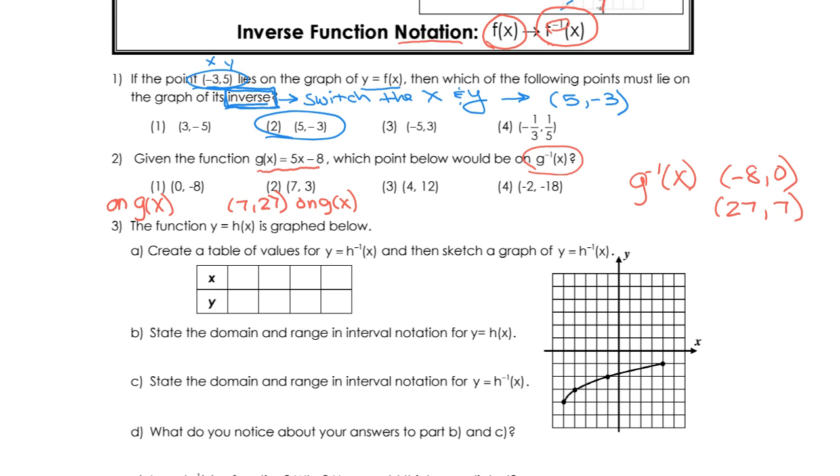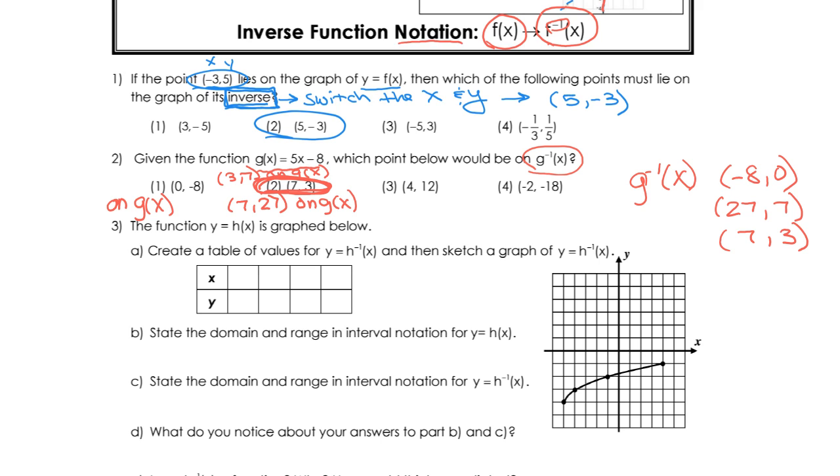You can see that that's not looking good. But if we go to 3, 7, 3, 7 is on g of x, and therefore 7, 3 would be on the inverse. So we're going to pick number 2, since 3, 7 is on g of x, and 7, 3 would be on the inverse of g of x. All right, so we'll head to the next one.